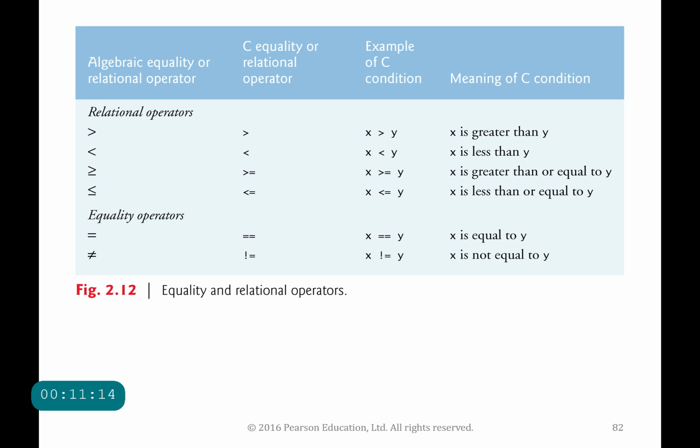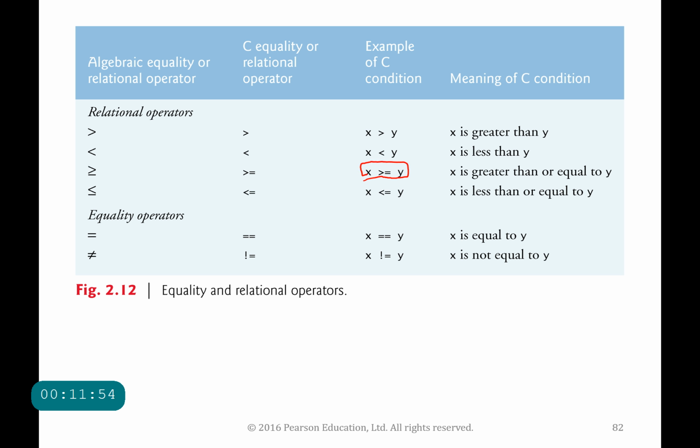Okay, so here's a table of the different relational operators. Relational operators in algebra are given here on the left: greater than, less than, greater than or equal to, less than or equal to. In C, they're generally represented by these values. So you can see that greater than or equal to is represented by a single greater than sign followed by an equal to. And if you were to write x is greater than or equal to y, you would represent it like this.